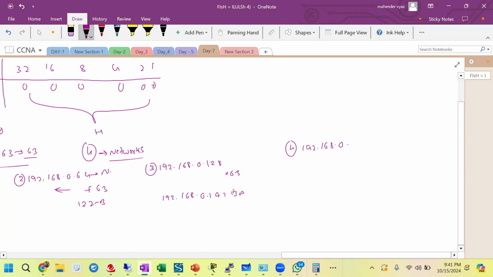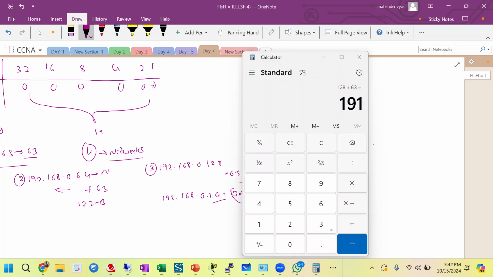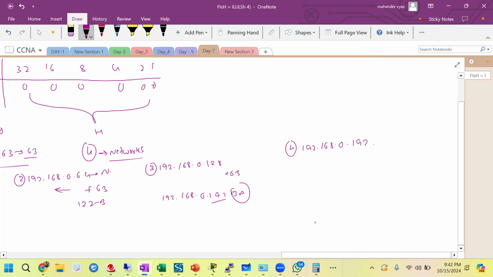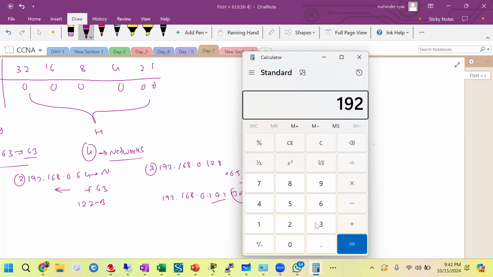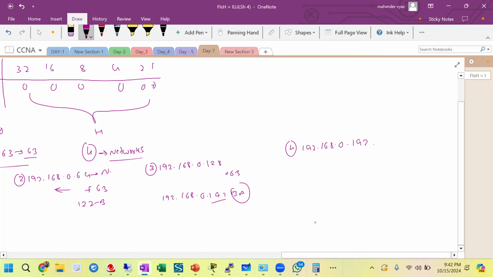Here it is ending with 191, so it will start with 192. Then the broadcast address is 192 plus 63. See, why are we adding 63? Because our block size is 64 only. Sorry, it is 192 plus 63, that is 255. 255 would be my broadcast address.